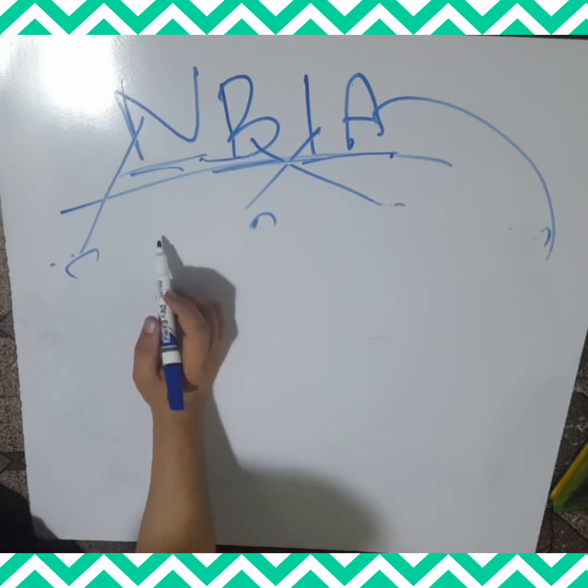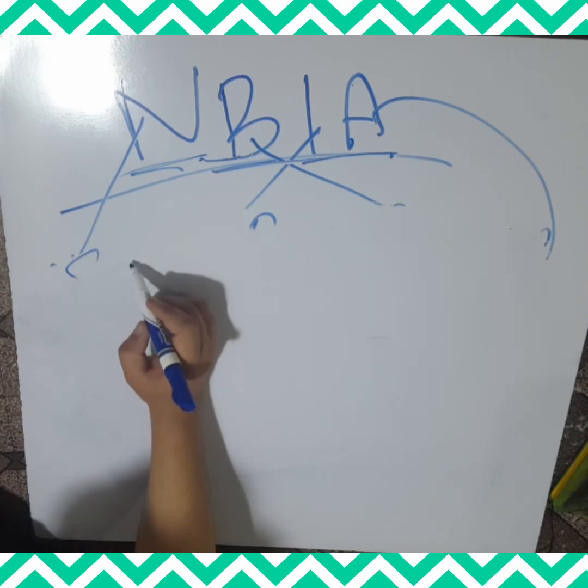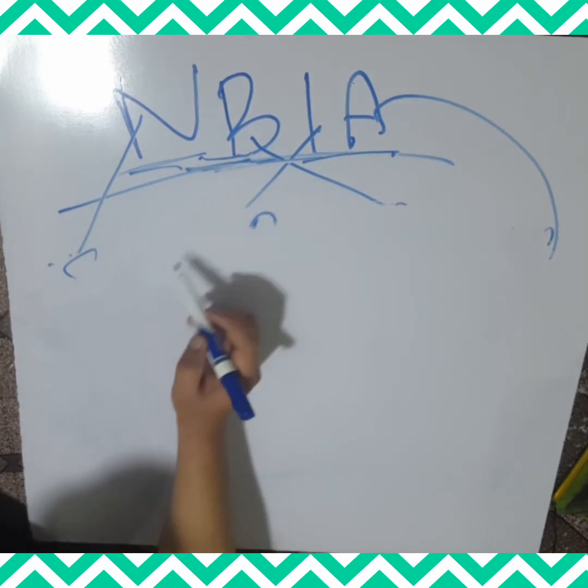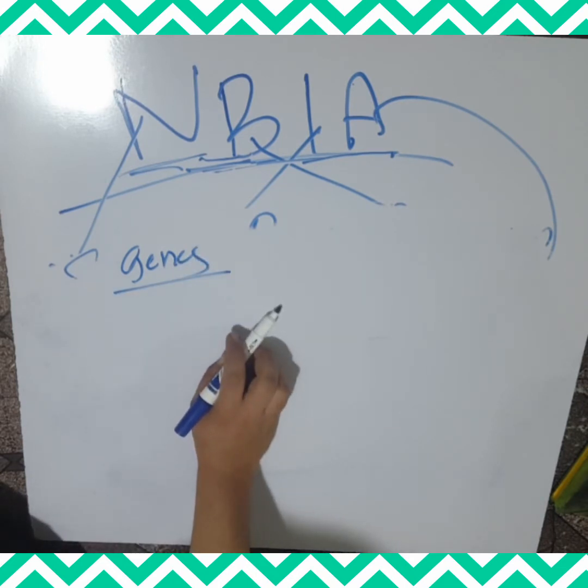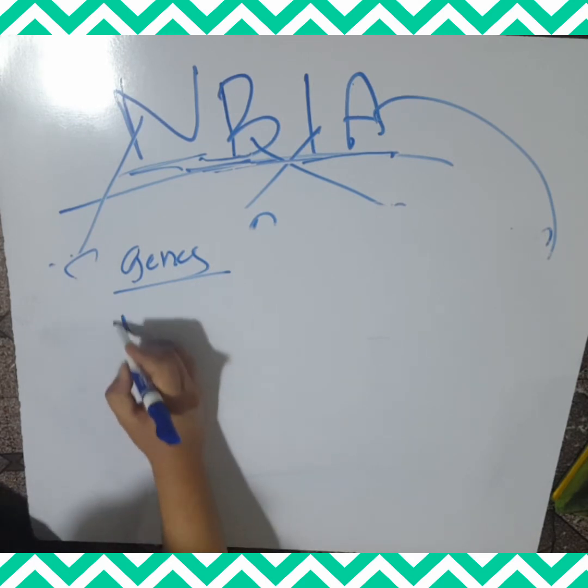There are many genes involved in the accumulation of iron. If I write all the genes, we will be confused. But the most common gene involved in neurodegenerative disease with brain iron accumulation is PANK2.